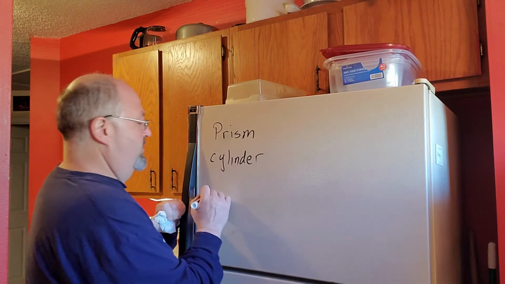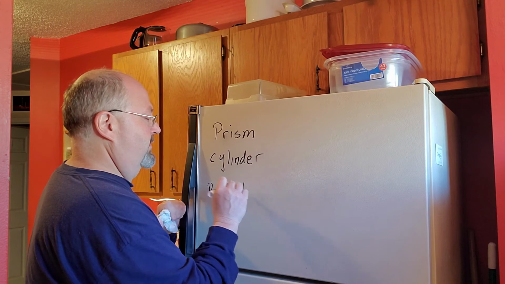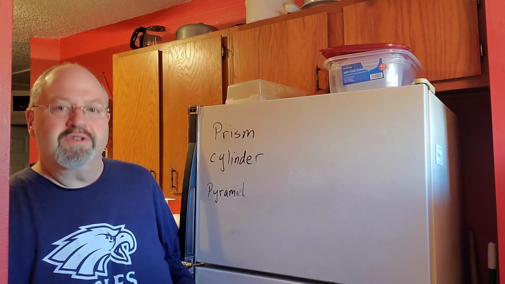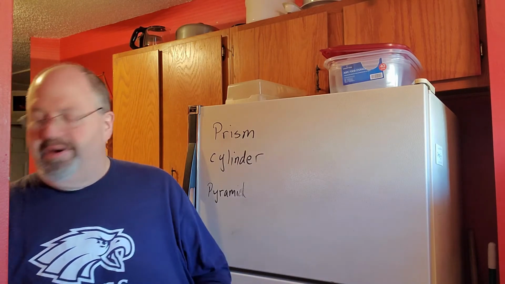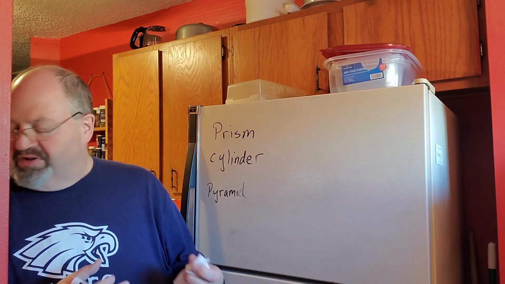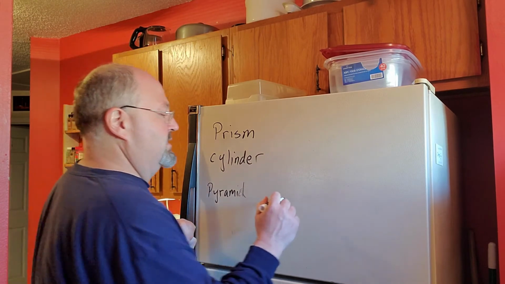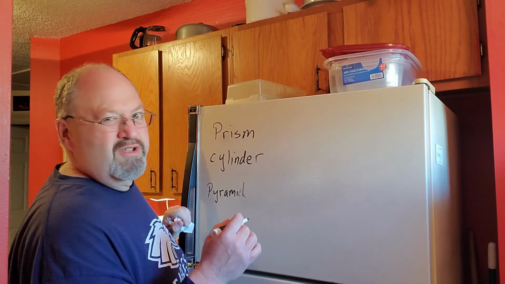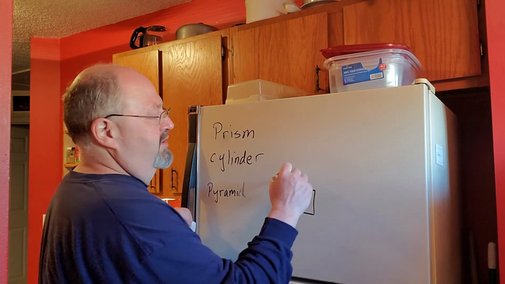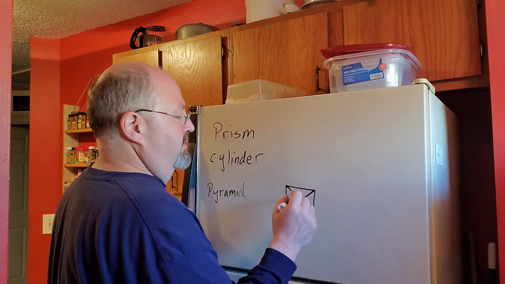Next up, we have pyramids. You kind of know what a pyramid is, but pyramids are more than just what you think they are. Pyramids have a polygon as a base, and then they have triangular faces that meet at a common vertex. I don't draw pyramids very well either. The pyramids you're used to seeing have a square or rectangular base, and then they all just meet up there.